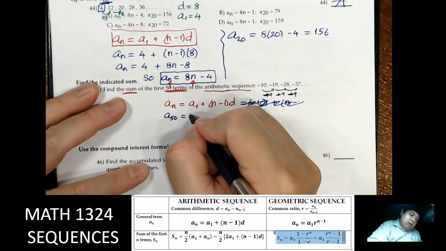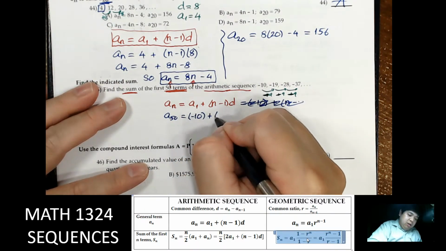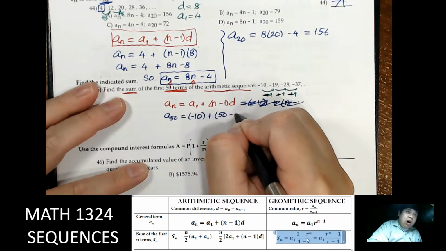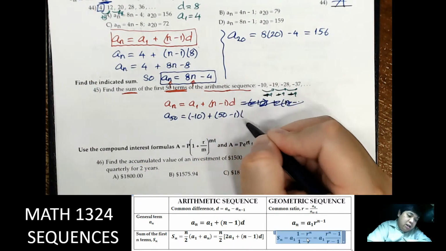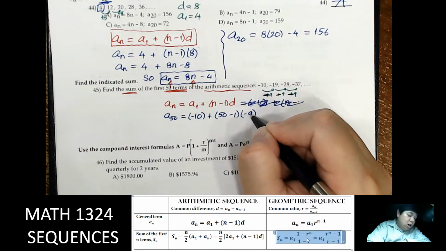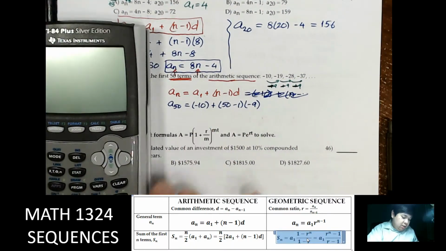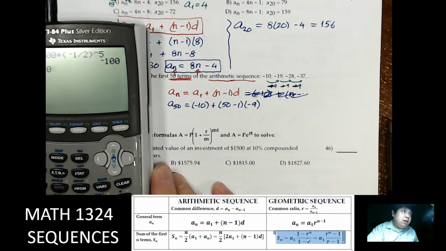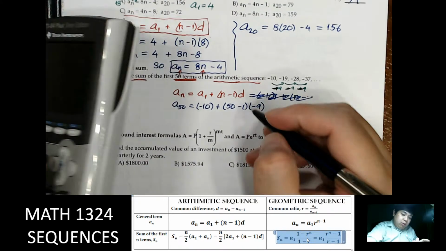The first term is negative 10, and then plus 50 minus 1, because n is 50 now. d is negative 9. So we do that. I just use the calculator. Negative 10, plus 49 times negative 9, negative 451.